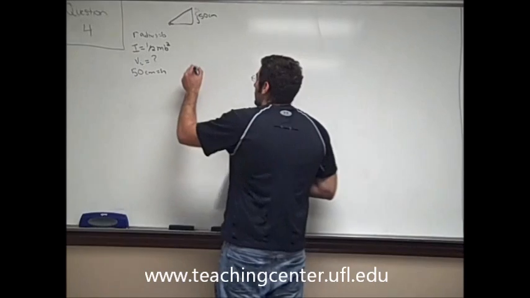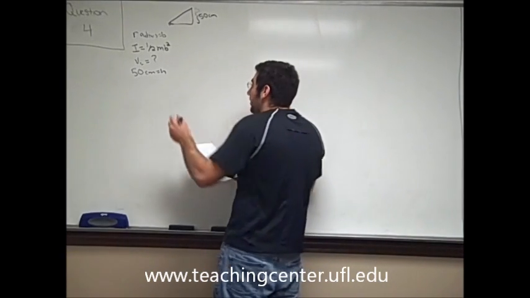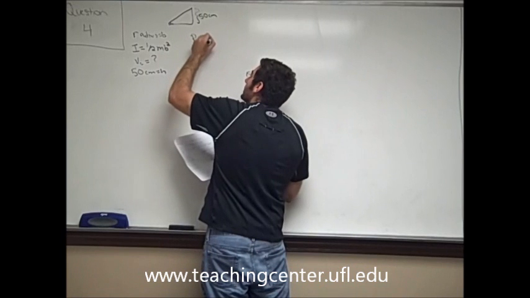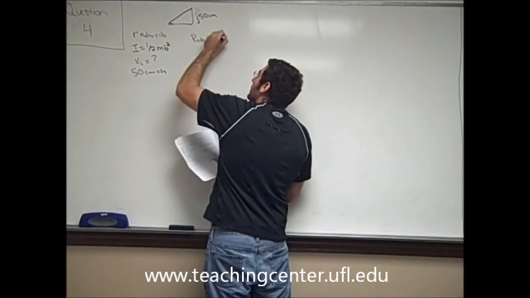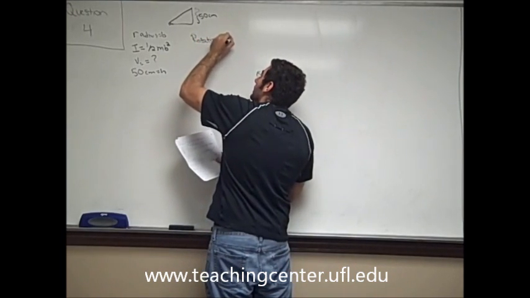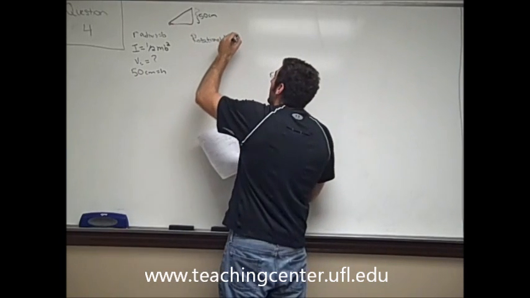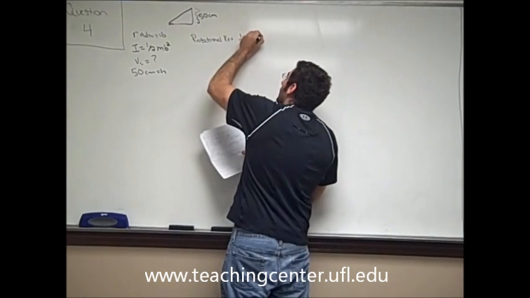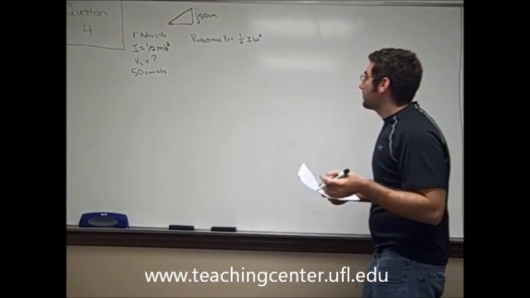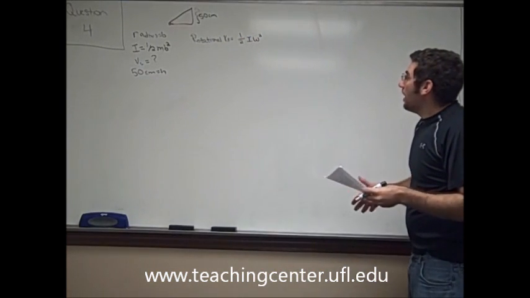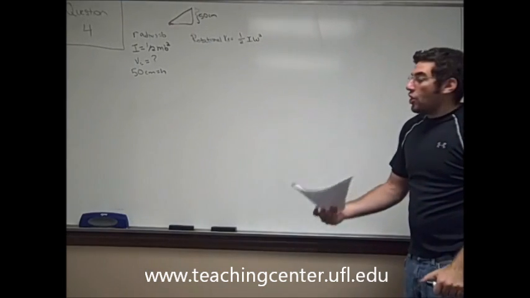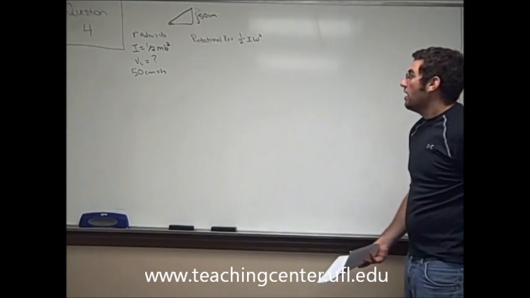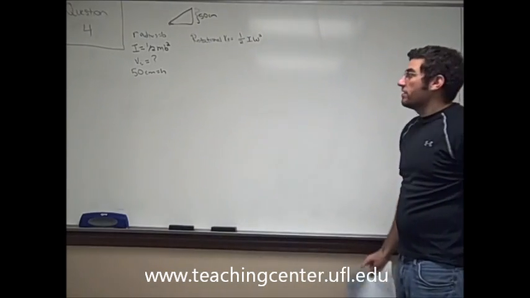Rotational kinetic energy is equal to 1/2 I omega squared. So, we know that omega is a rotational velocity, but we have no rotational velocity.